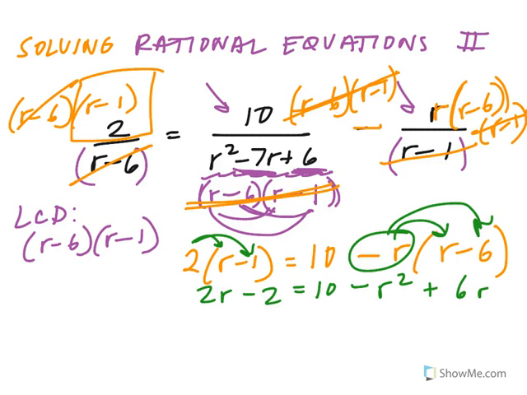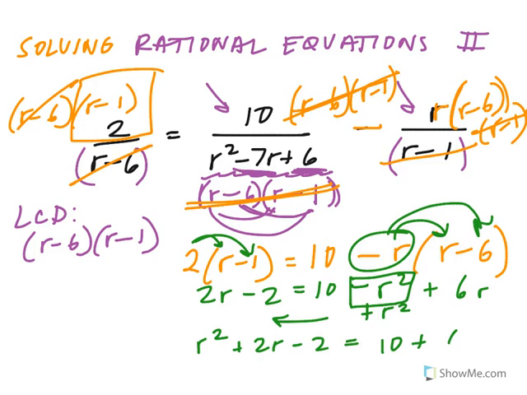Now this is going to turn into a quadratic in standard form, and I see that I have this minus r squared here, so I'm just going to add r squared to both sides, just to make my r squared term come over to the left and be positive. So I'm going to have r squared plus 2r minus 2 equals 10 plus 6r.